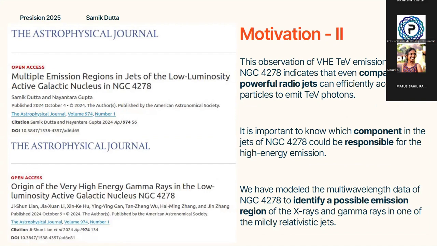But now we are seeing that for NGC 4278, we have only parsec scale radio jets, and even those can efficiently emit TeV photons.